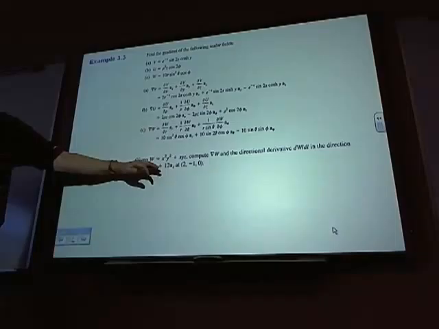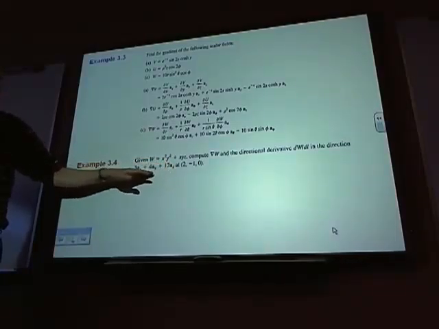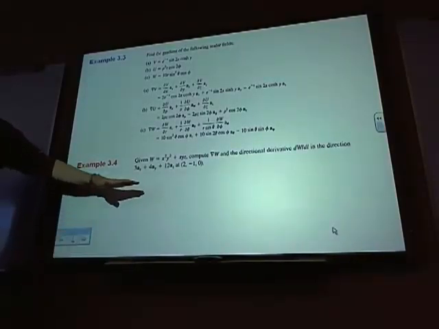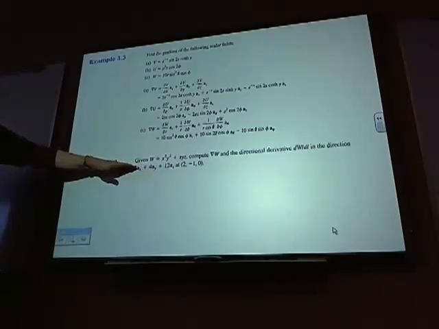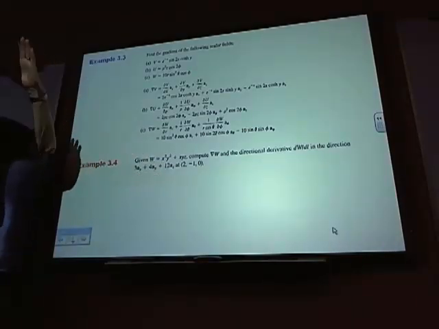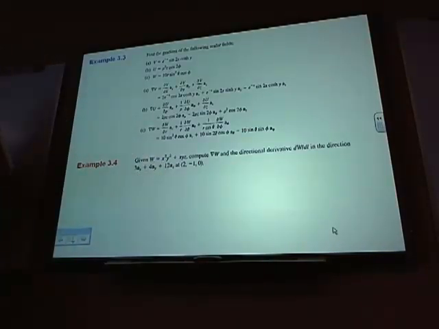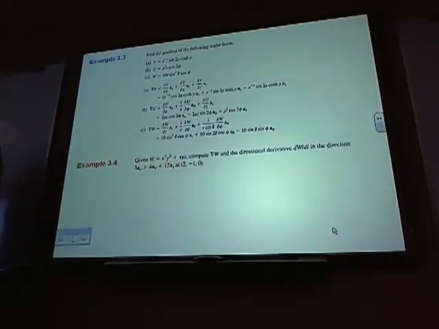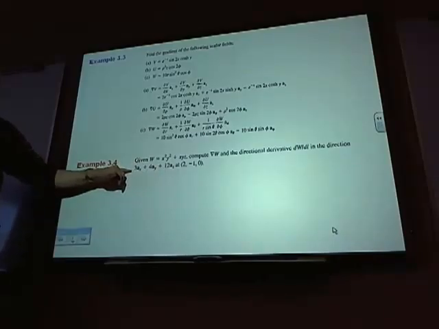Now, why might you want to find the directional derivative of this in that direction at that point? This may be a vector that represents an antenna, some type of an antenna that you're working with. And this may be some function of a scalar field, a voltage field or something that's coming in there. You may want to figure out what proportional part of that is along this direction right here.